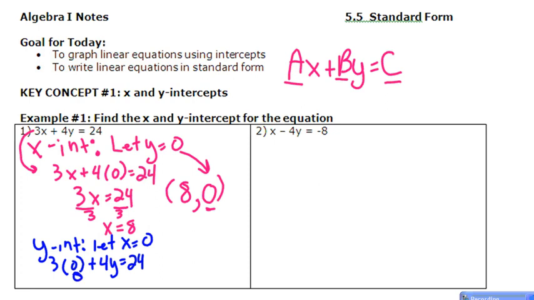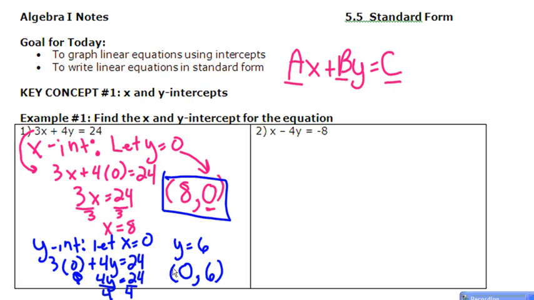So this basically just cancels out, and I'm left with 4y equals 24. I would divide by 4, and 24 divided by 4 is 6. So since I had to let x equal 0, my y-intercept is 0, 6. So here's my x-intercept. Here's my y-intercept.